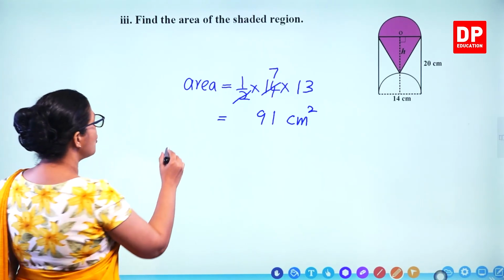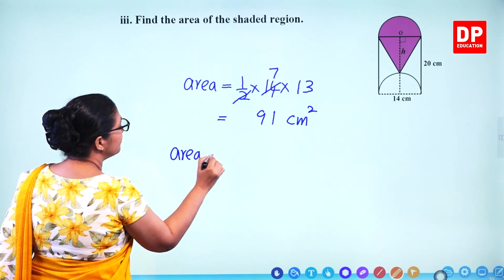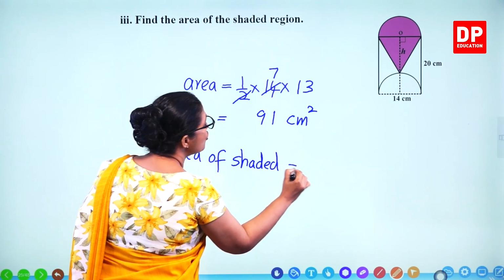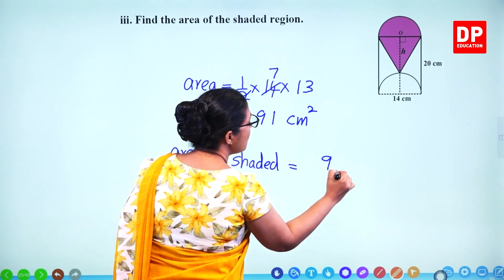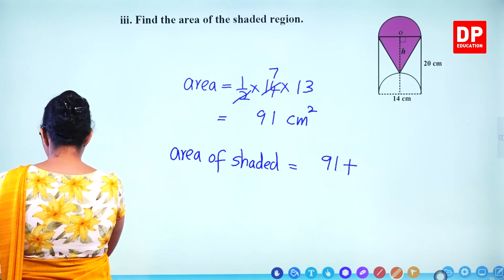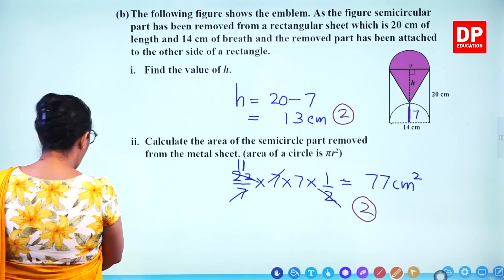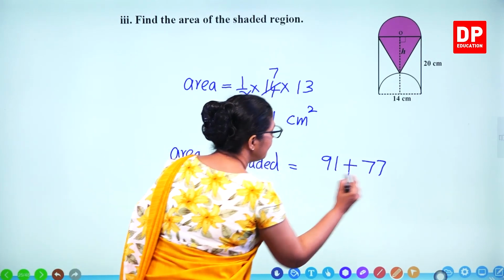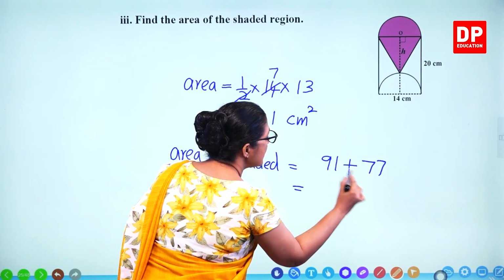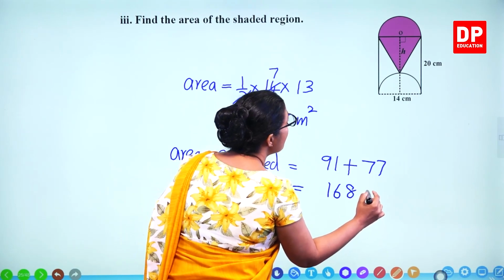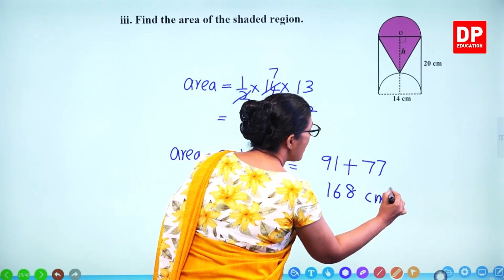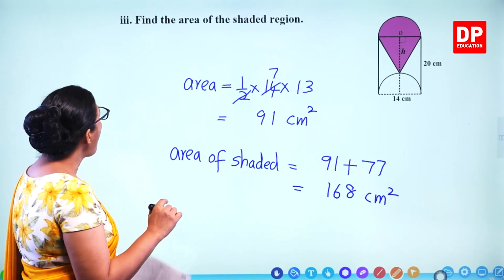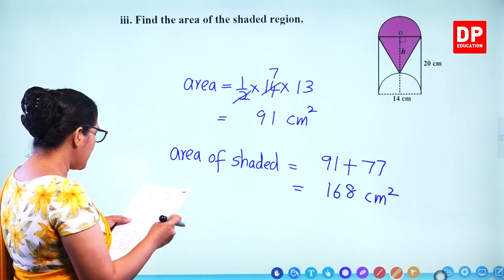Now the area of the shaded part. Area of the shaded part is 91 plus the area we found before, half of the circle, that's 77. You get 8, 16. So 168 square centimeters is the area of the shaded part. So how many marks for this part?